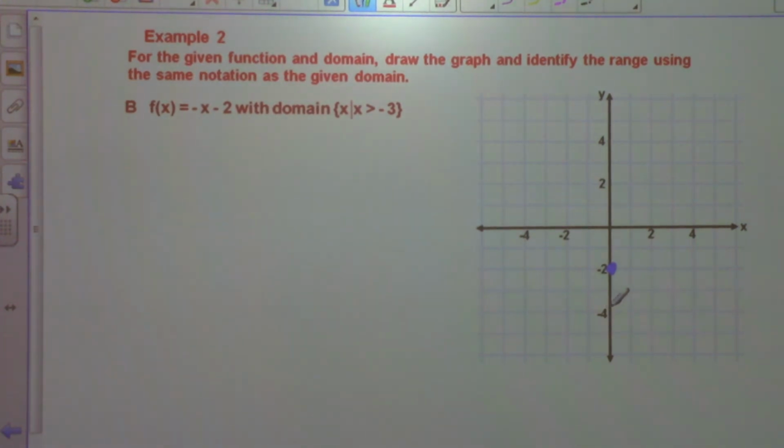Okay, very good. That is our y-intercept, exactly. And now after the y-intercept, what do you want to look at next? Rise over run. So what's our rise over run on this one? -1. So is that up 1 or down 1? Down, right? Down 1 over 1. So it'll look like this pattern here, something like this.